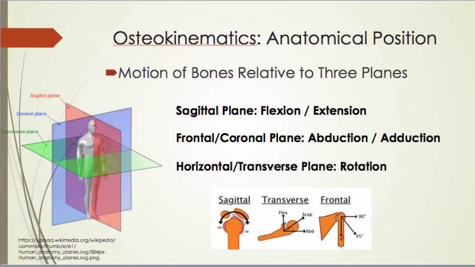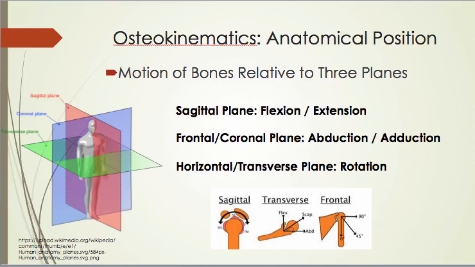Then the second picture is in the transverse plane, looking down from the top. So you have flexion going forward, abduction to the side, and what we're talking about is rotation, the ability to rotate the humerus within the glenohumeral joint in the transverse plane. And in the frontal plane, we're looking at it from the back, so we can rotate the arm out to the side into abduction, 45 degrees, 90, and all the way up.